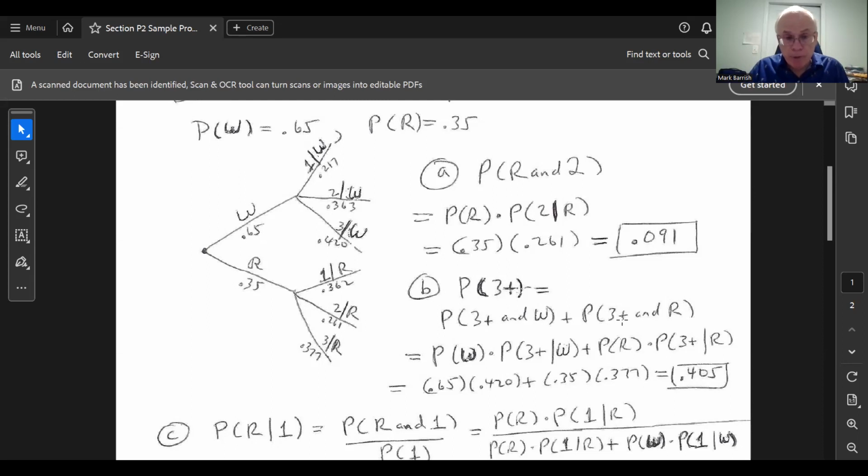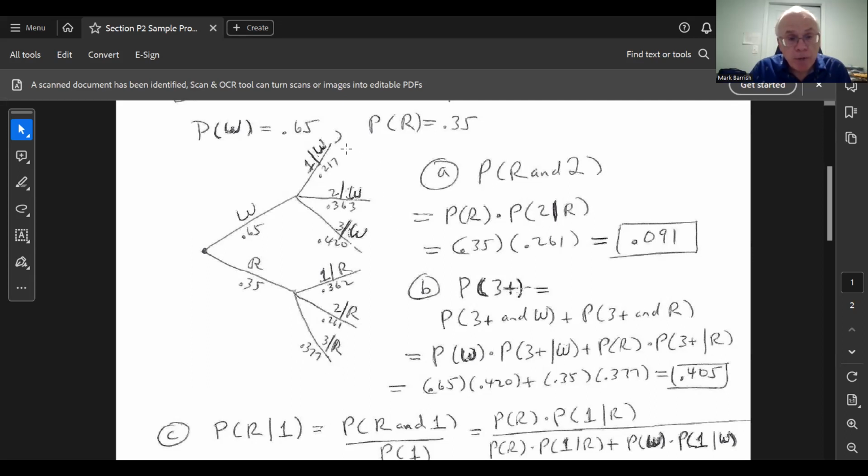The probability of 3 plus and R, you have to go down to the R branch, and then go along this little branch here, 3 plus given R, and you multiply these 2 numbers. And then you add it all up, you get 0.405. Okay? So 3 plus would be the sum of these 2 numbers. It would be the sum of the multiplication numbers here.